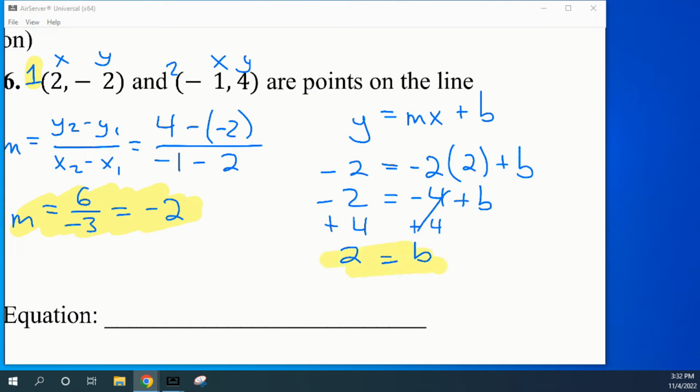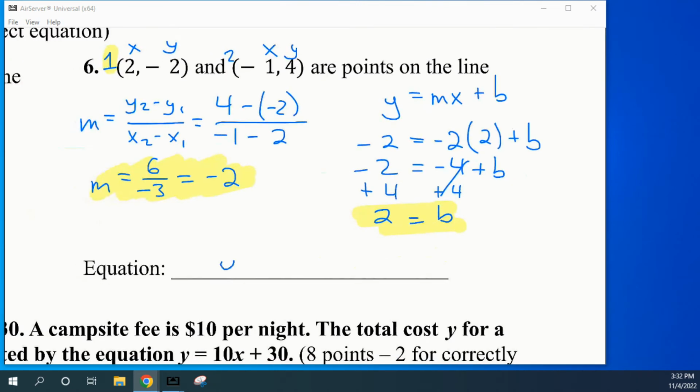That does give us our y-intercept. We already have the slope. Put it into the equation. Lovely. Okay, so that takes care of 5 and 6.